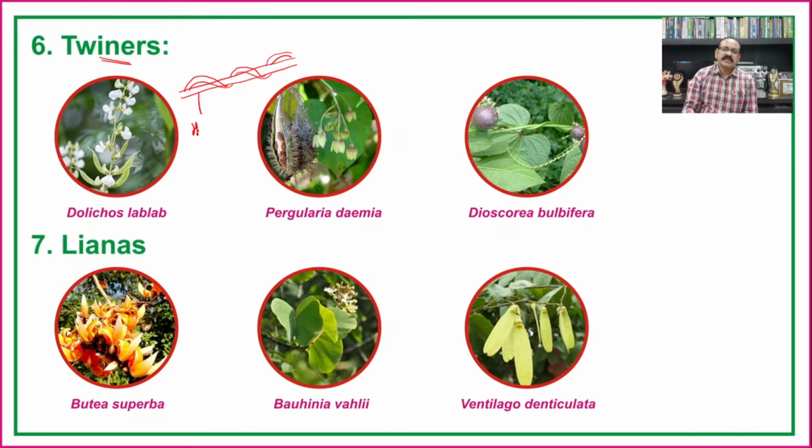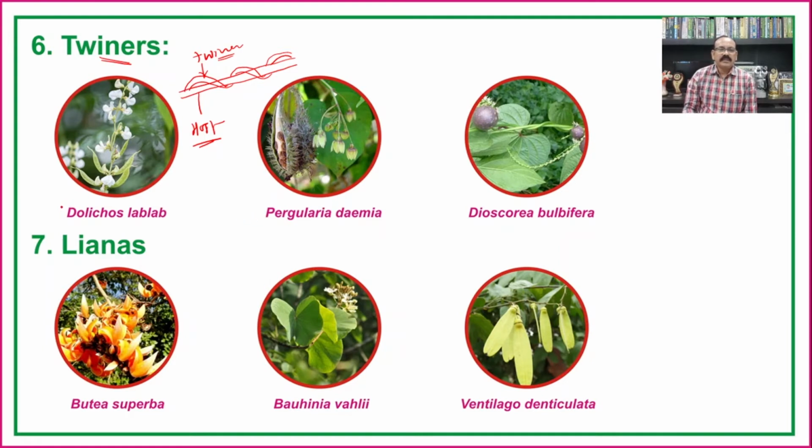This will be considered as the host plant, and this is the stem of the twiner. In this way, without any extra structure on the plant body or stem, or without any tendril-like structure, it twines around the host plant or any support; these types of plants are known as twiners.